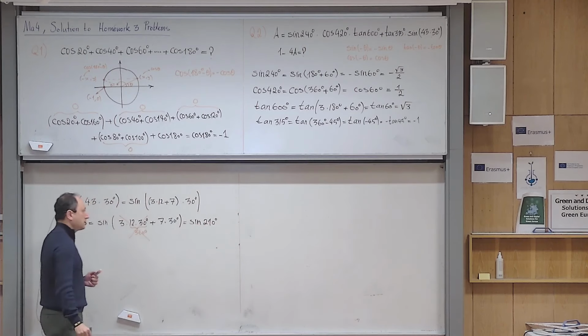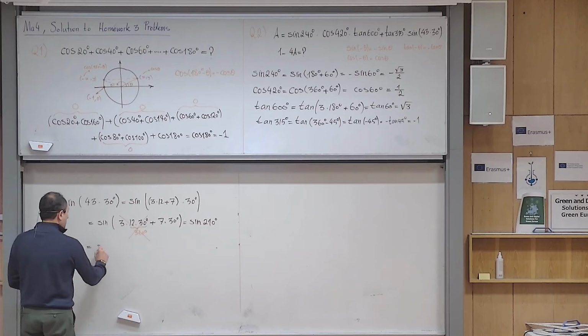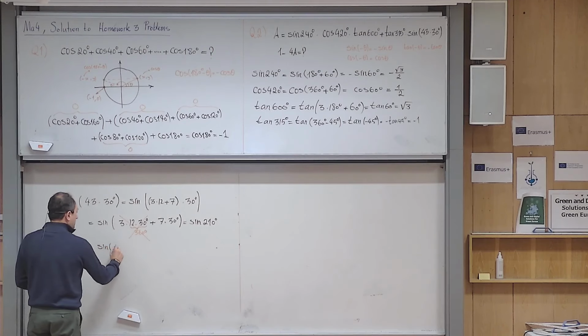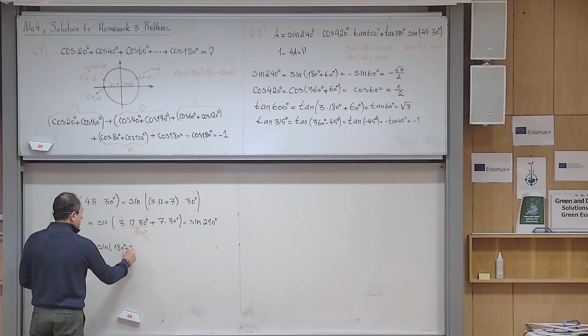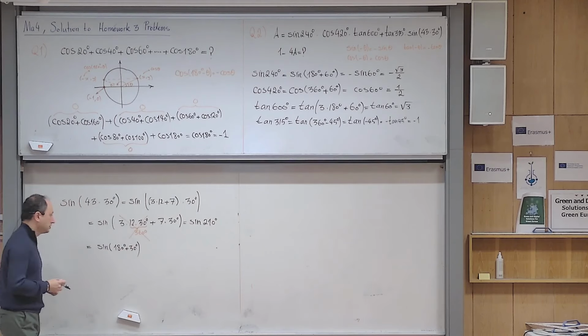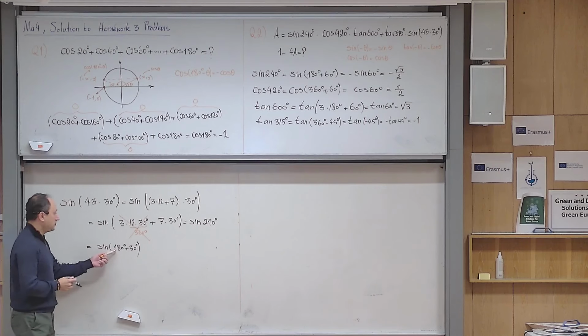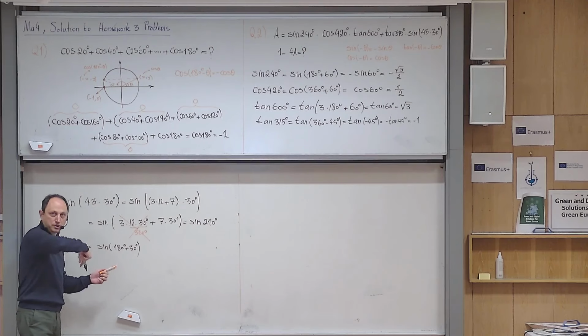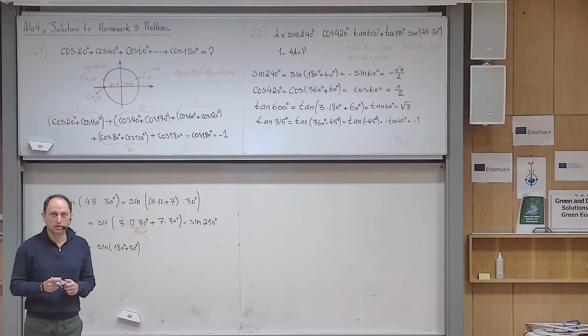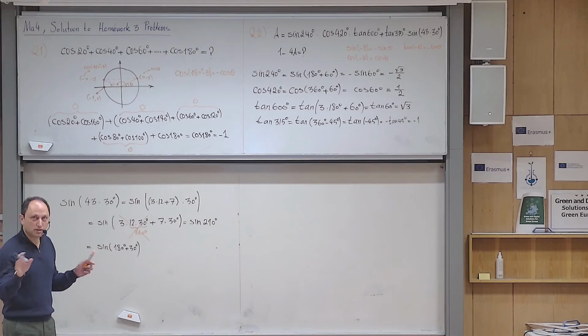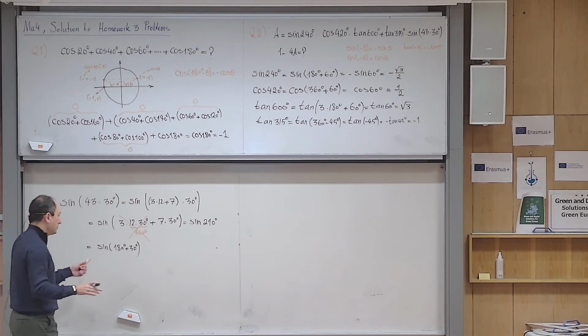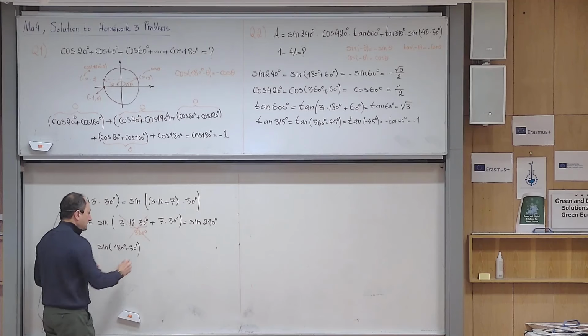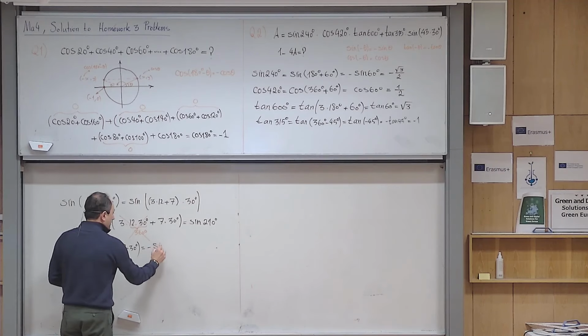Still it's not a famous angle, but then immediately you can connect it to 180 degrees plus 30 degrees. 180 degrees plus 30 degrees is exactly the opposite point to 30 degrees on the unit circle. So the x coordinates are opposite, the y coordinates are also opposite, exactly as I did before. So then it becomes minus sine 30 degrees, and I have this number in my memory, it's 1/2, so it becomes minus 1/2.